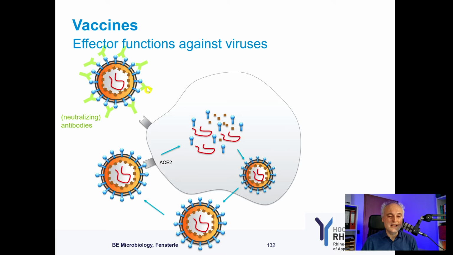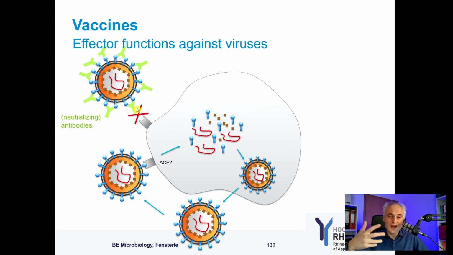As soon as you have antibodies which can block this interaction with the receptor, the virus cannot get into the cell, and that's it. And viruses are not bacteria. Viruses need the host in order to replicate. If they don't get into the host cell, a virus is kind of dead. It can't do anything. So therefore, just blocking for viruses is cool.